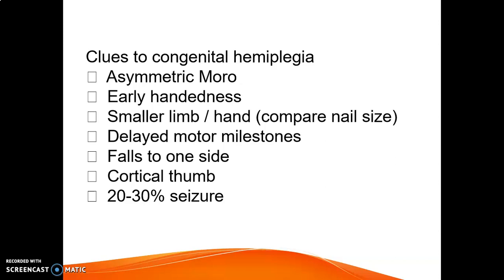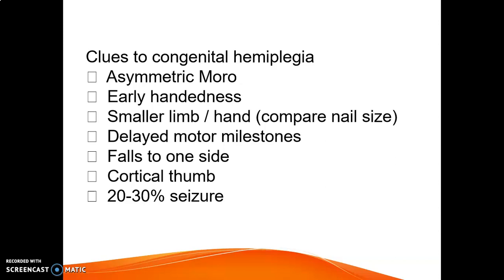Early handedness: normally, during the neonatal stage and early infancy, we cannot understand whether the child is right handed or left handed. Handedness is the dominance of one hand, right handed or left handed. This normally develops after due course of milestone development.